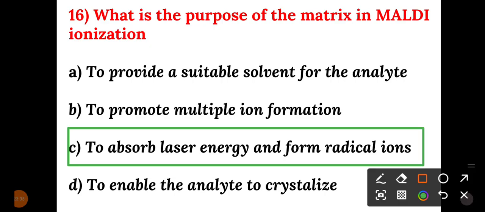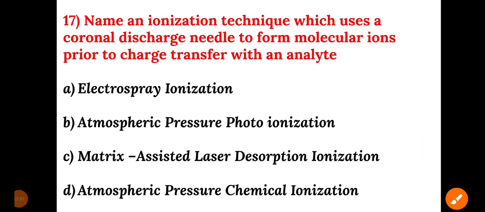Okay, so the next one, name an ionization technique which uses a corona discharge needle to form a molecular ion prior to charge transfer with an analyte. So simple, which of the following uses a corona discharge needle? That is the simple question, right? Among the following, which technique is based on the corona discharge needle, right?